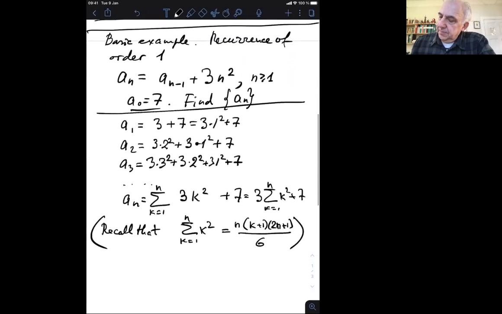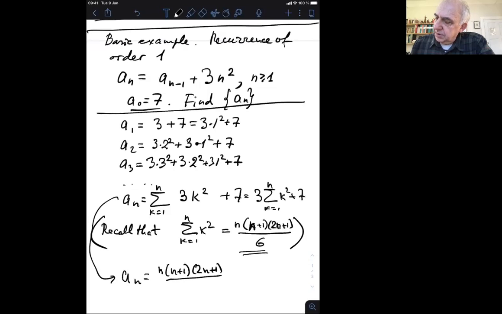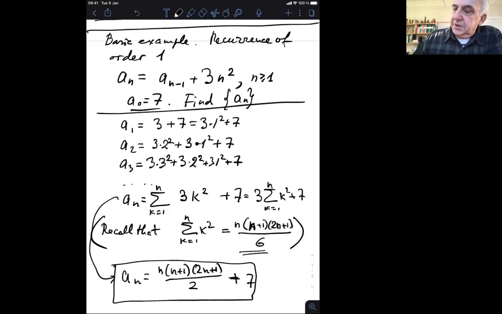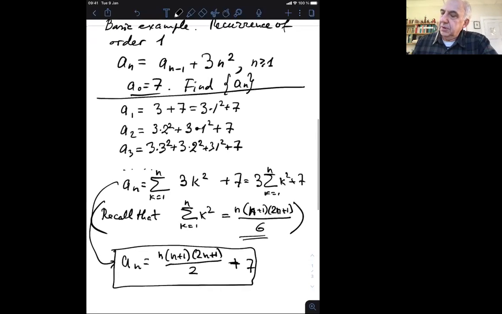So we have this formula, and then we can continue. a_n would be equal to 3 times this expression plus 7. So it would be n times n plus 1 times 2n plus 1, divided by 2, plus 7. Well, this would be a simple situation where we can work out by just plugging and checking and using some summation formula for certain sequences, what our answer would be.